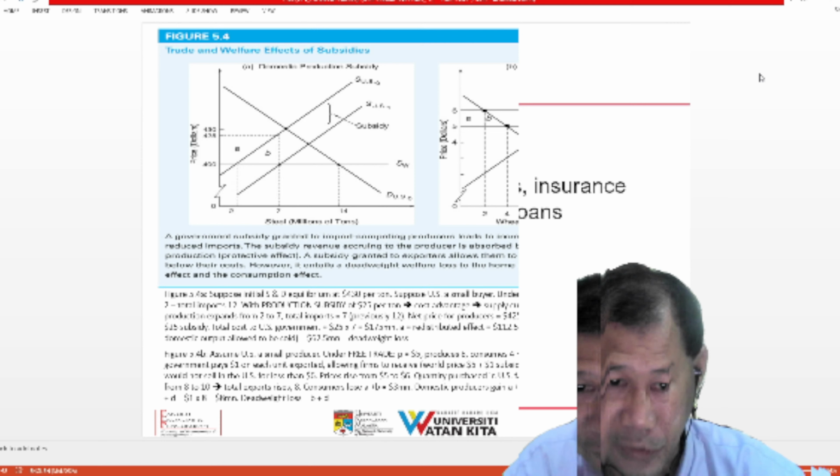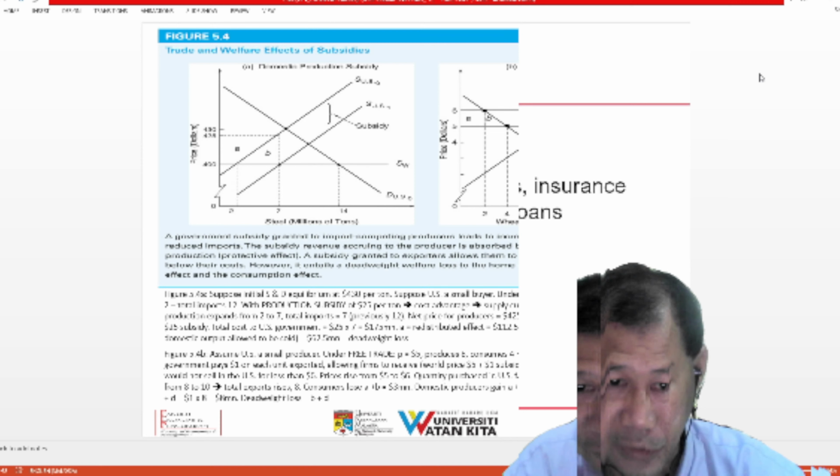So that's A. Yeah, A. Redistributive effect.